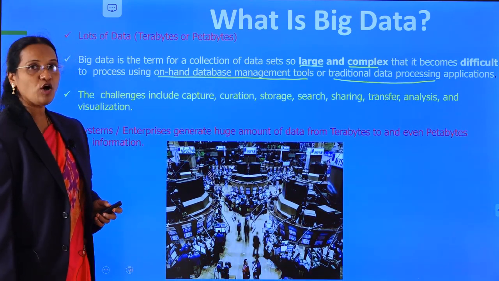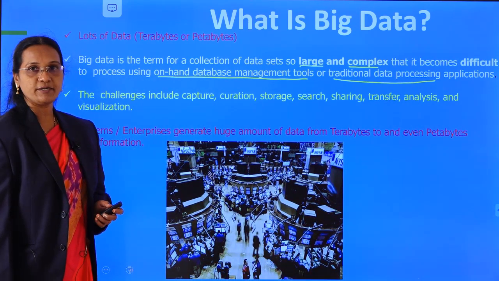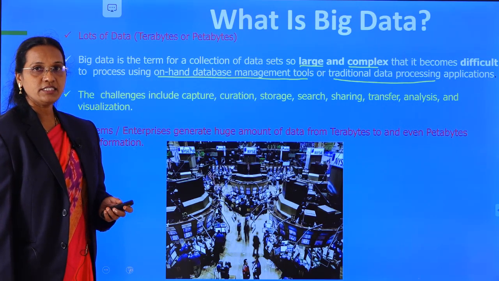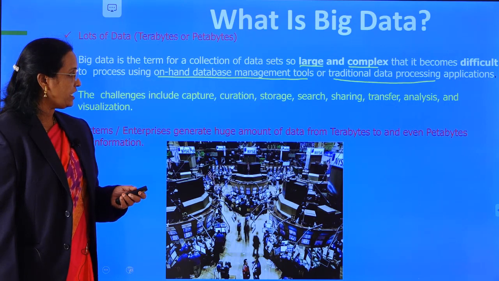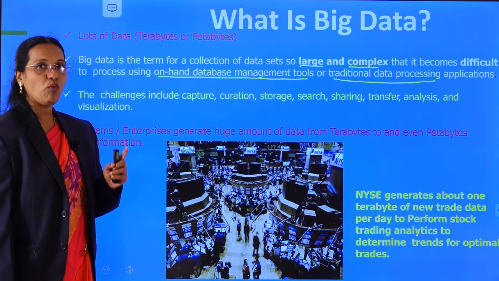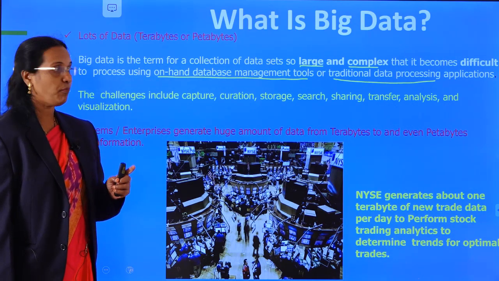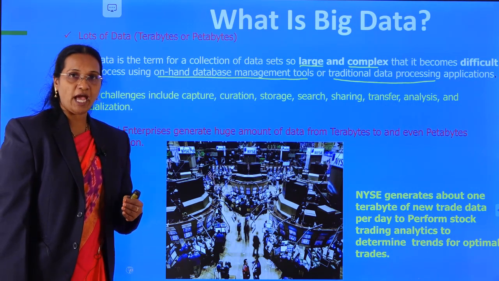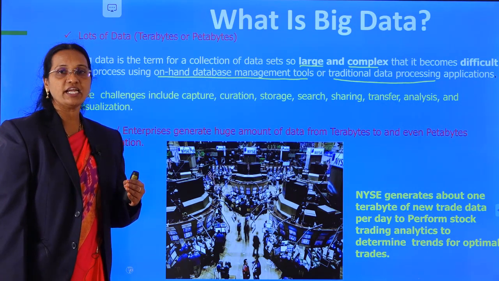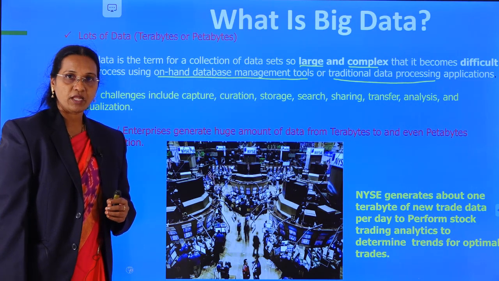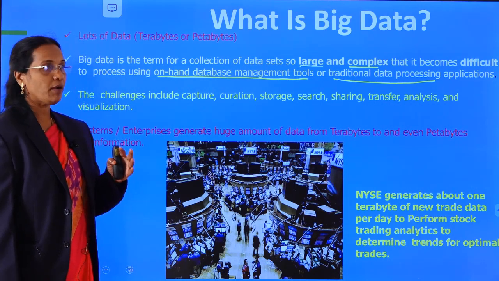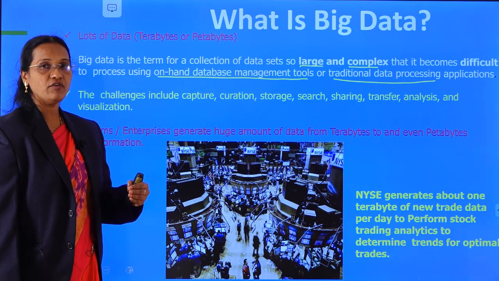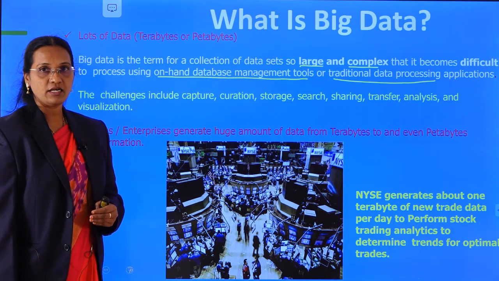This is the image of the New York Stock Exchange market, and this image is saying that it is generating nearly 1 terabyte of data per trade. That means there are a number of trades happening. So per trade it is generating 1 terabyte of data, and in the world there are a number of sectors which generate large amounts of data.